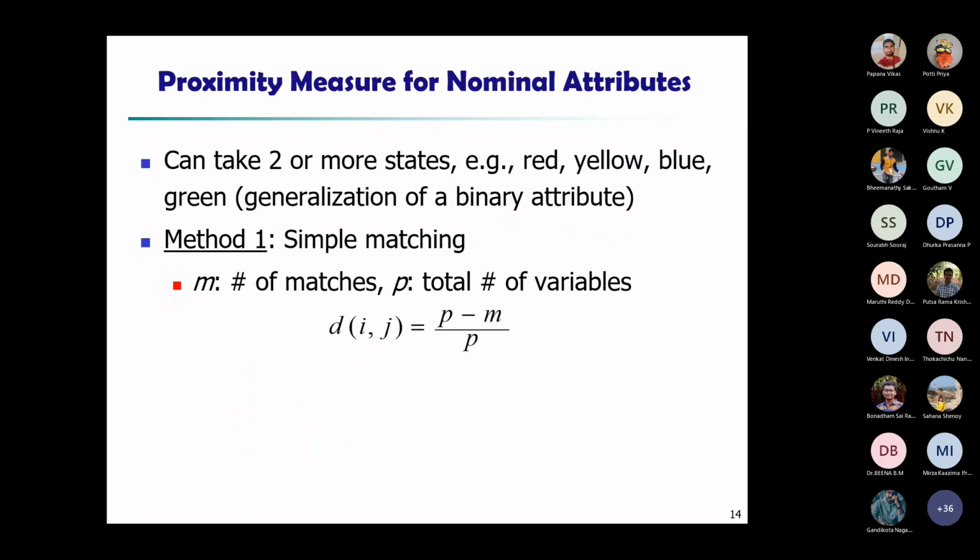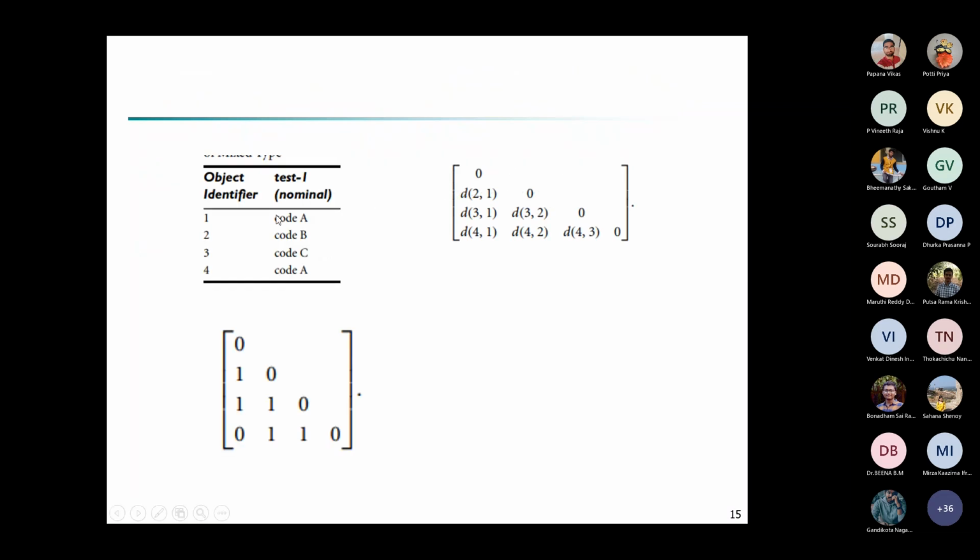So what happened? Why are you not responding? See, our simple method is we are just finding the matches, that is m, and p is the number of attributes. In this example, we have only one attribute, which is test one, and we are comparing each instance. So we'll find 2 comma 1, 3 comma 1, 4 comma 1, and so on. So how do we find d of 2 comma 1? It is (p minus m) by p. P is your number of attributes; we are considering only one attribute, so it is 1.